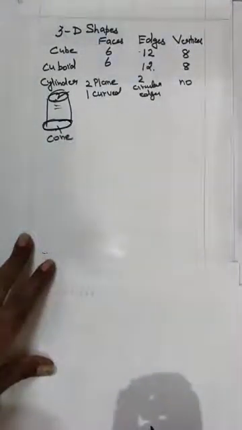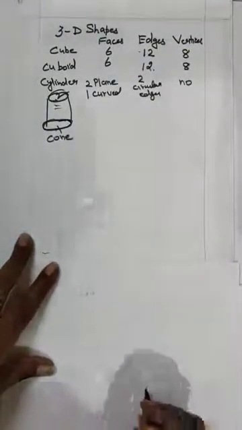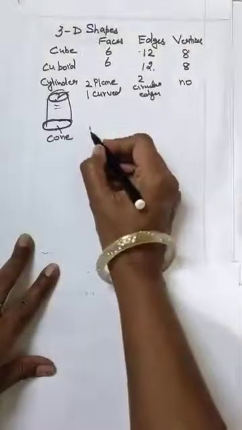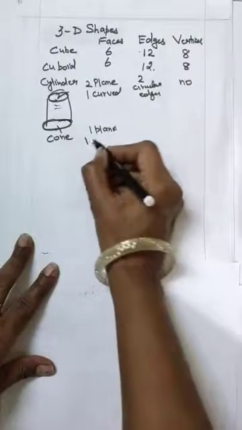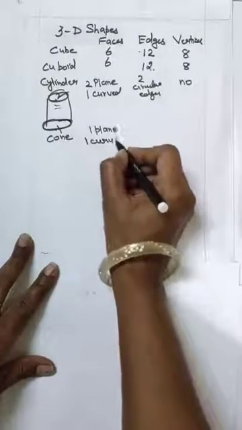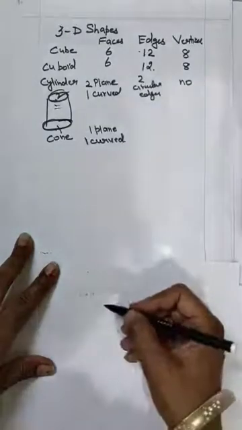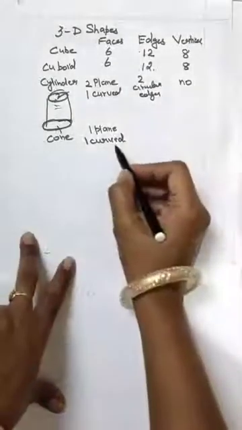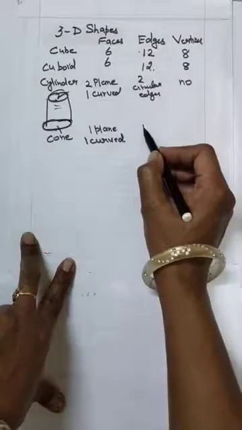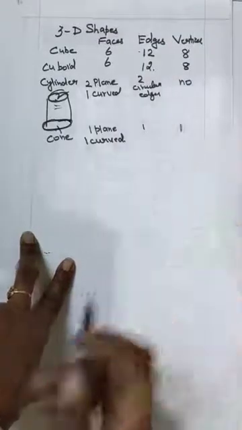In cone, it has 2 faces, one plane and one curved. And how many edges it has? It has one circular edge and one vertex.